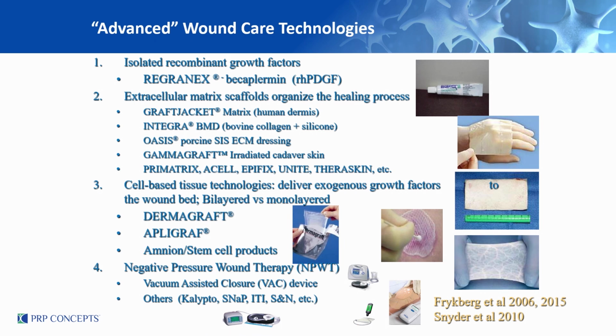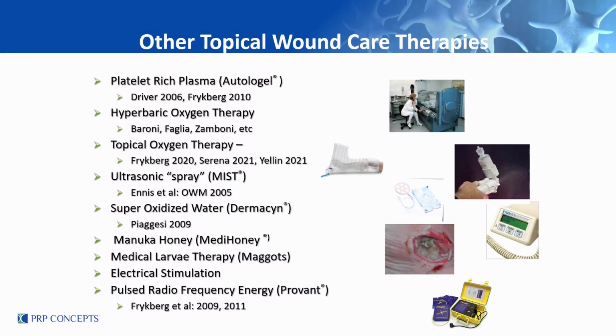Some have come and gone, and there's other new devices on the market now and coming forward. So we have to realize that platelet-rich plasma has undergone several clinical trials. It's one of the earlier types of advanced wound healing agents, and we'll get into that shortly.